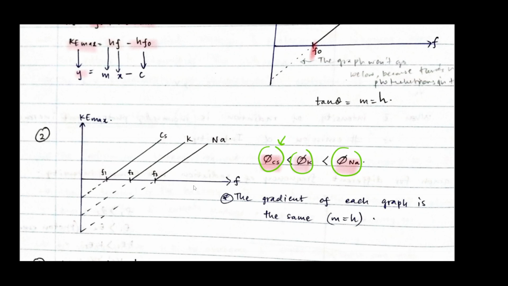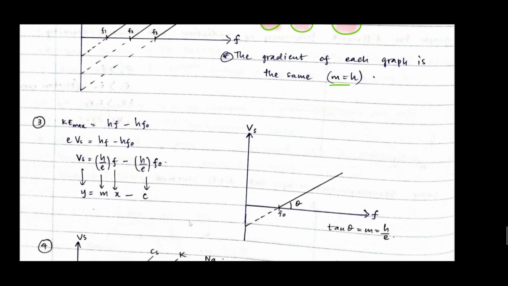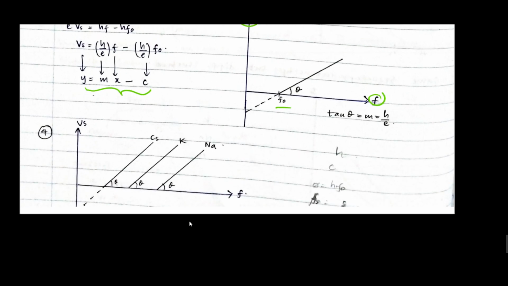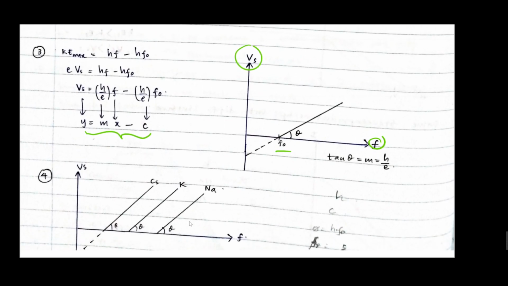So the work function of cesium is the least compared to calcium or potassium. If we draw the graph, all of them have the same gradient. Similarly, we can get an equation for stopping voltage versus frequency. Here also we have the same threshold frequency. In the fourth note, again we have considered all three different materials and drawn the graph. In all of these cases, the gradient is the same.